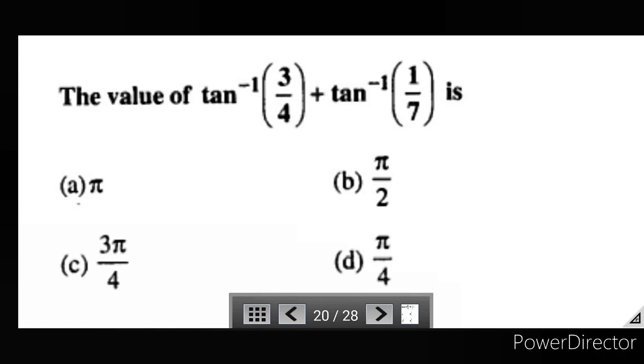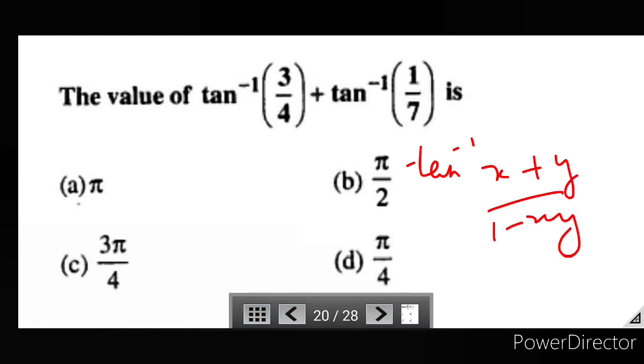Now next question, the value of tan inverse 3 by 4 plus tan inverse 1 by 7 is. Now according to formula, tan inverse x plus tan inverse y is equal to tan inverse of x plus y divided by 1 minus xy, according to properties of inverse trigonometric functions.